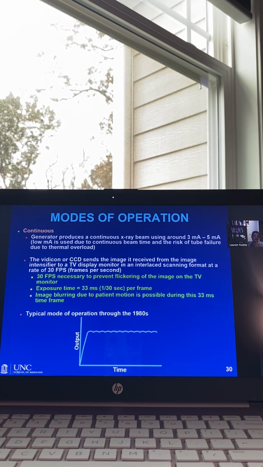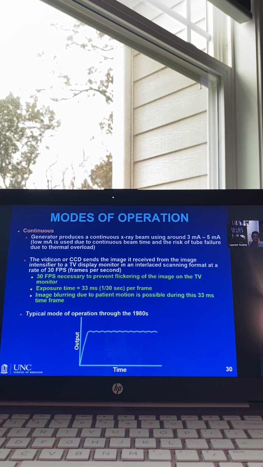During those 33 milliseconds, a patient could end up moving, could end up with some motion blur, and that's one of the downsides to having a fluoro unit operate in this continuous mode, because there's a lot of time for the patient to move, and then the image would display with a certain amount of blurriness.